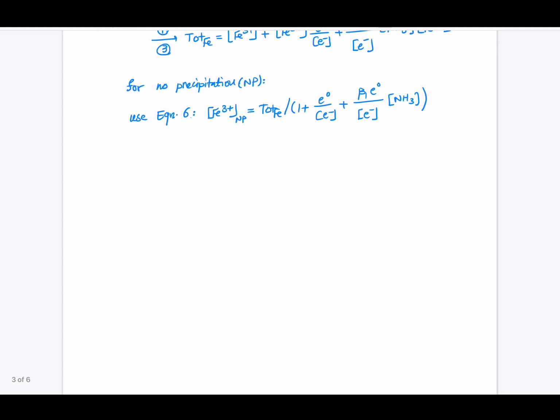With precipitation, we know that we're limited by the KSP, the maximum of Fe3+ that can be present, which is KSP divided by the ligand to the power of N. In this case the ligand is hydroxide to the power of 3.